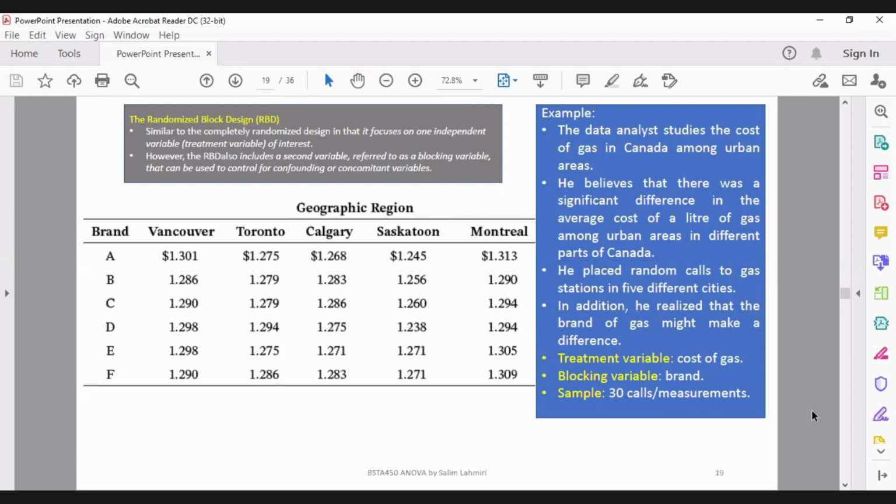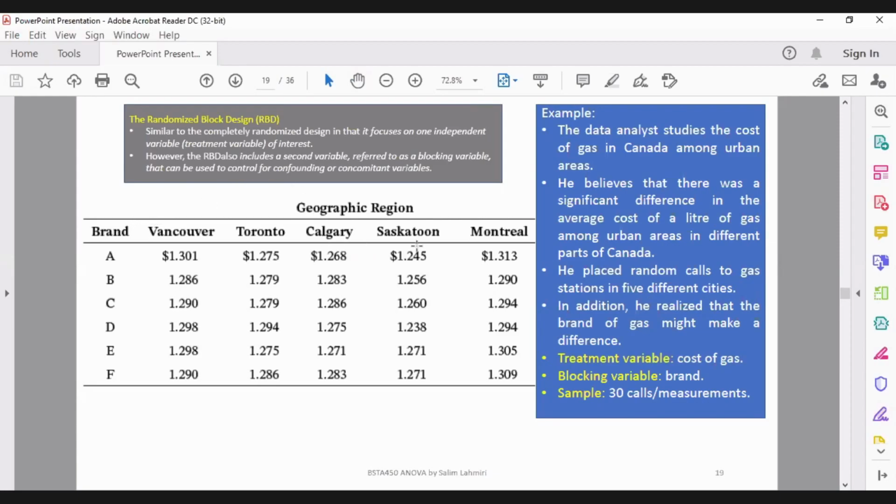So the data analyst studies the cost of gas in Canada among urban areas. So it's not sales, it's prices of gas. The data analyst believes that there was a significant difference in average cost of a liter of gas among urban areas in different parts of Canada, namely Vancouver, Toronto, Calgary, Saskatoon, and Montreal. So he placed random calls to gas stations in 5 different cities.